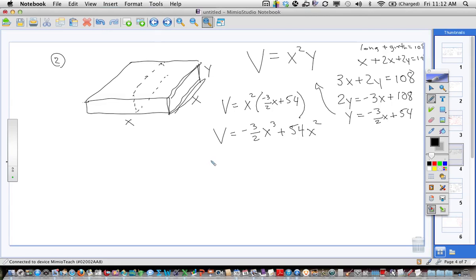And then what? Derivative. Again, it's just a cubic, so v prime is never undefined. But we always want to remind ourselves that that's one we have to look at. The derivative would be negative 9 halves x squared plus 108x, set equal to 0.